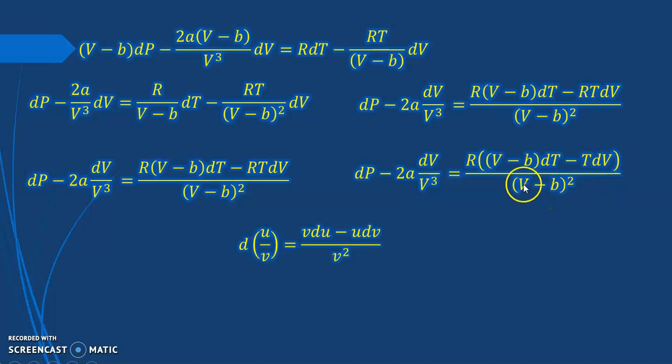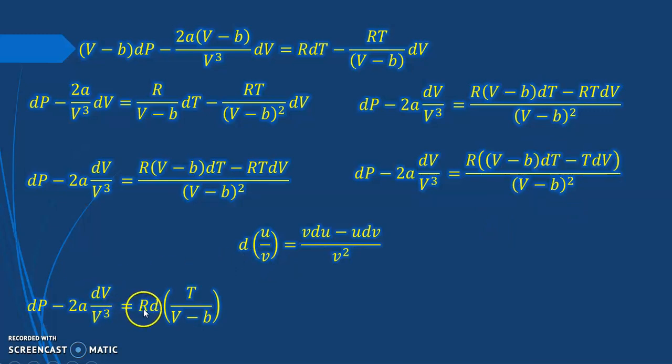We can observe that this expression in brackets is equal to this v, and the temperature in this case is equal to this u. So if that is true, we can write this part like this.